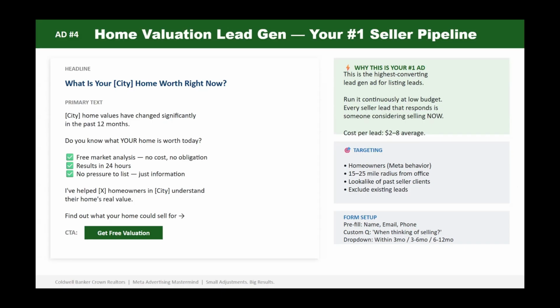Okay. So you would upload your current contact list into the system, which is like pro level, right? You upload your current contact list into the system and it will exclude those people from seeing your ads. So you're not spending money on people that you already have under contract.